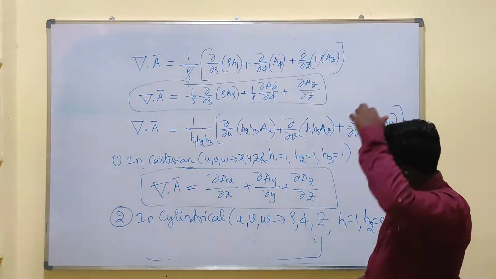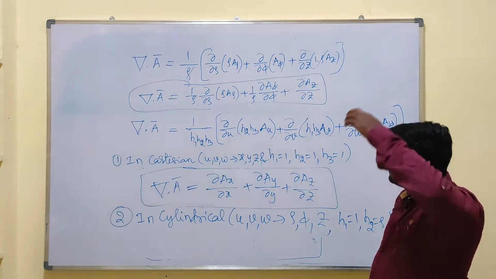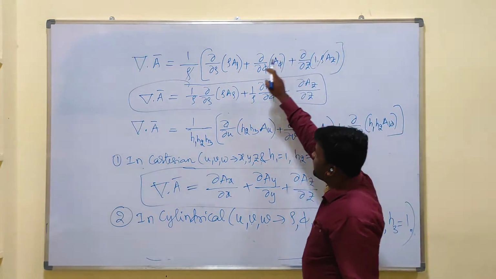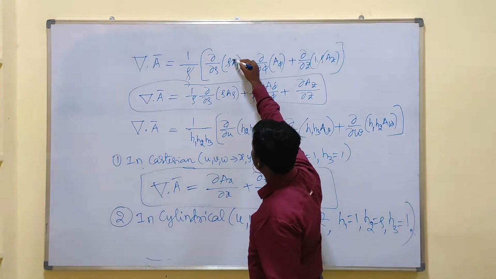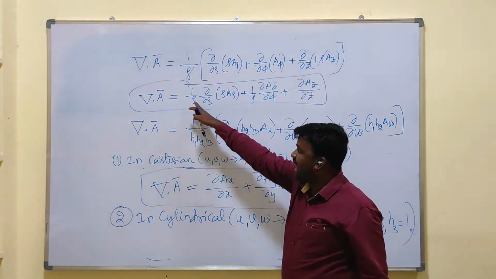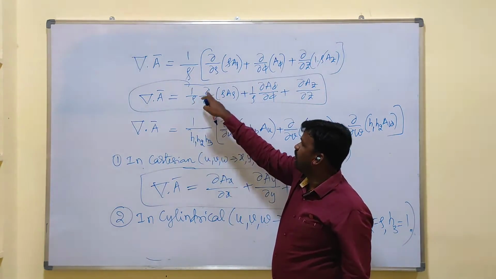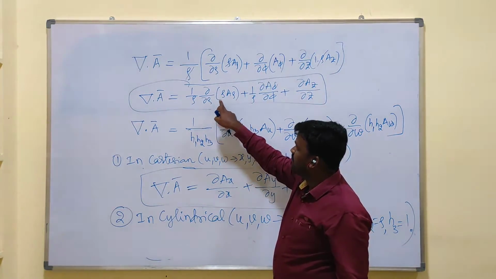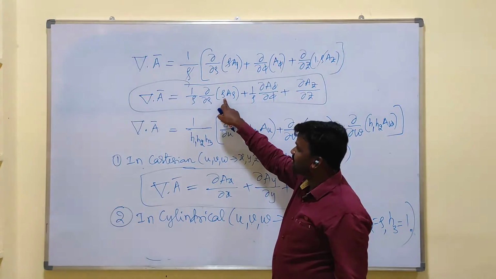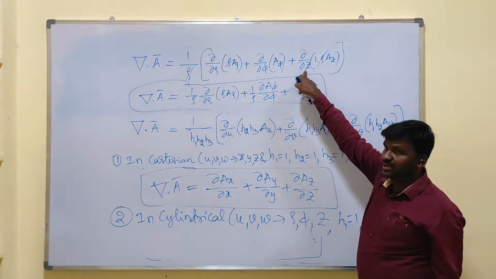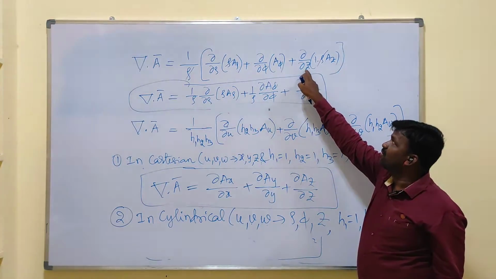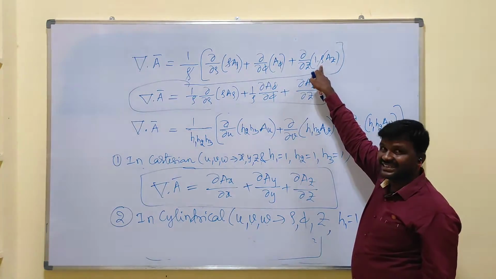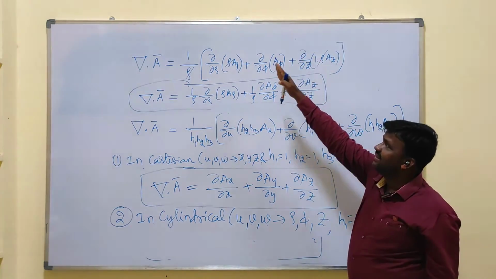Now tell me, here rho by rho cancels out. Here also rho cancels. But I have written 1 by rho, ∂/∂rho of rho into Aρ, because differentiation with respect to rho means it is not constant, whereas in partial differentiation with respect to phi, rho is taken as constant. That's why I am sending the rho out.